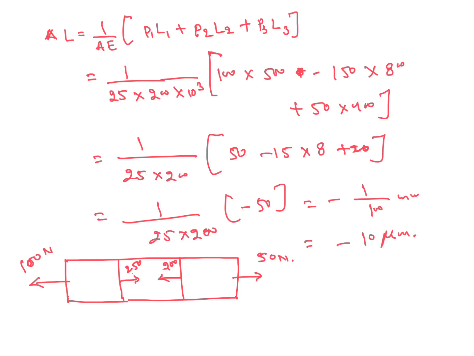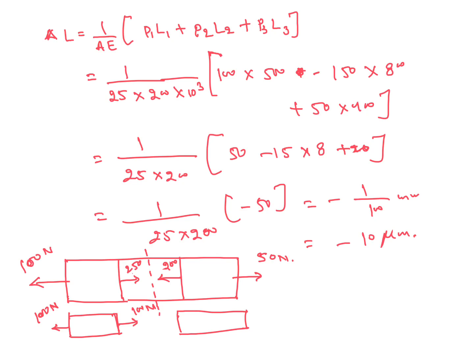If you take individually, how did you get P1, P2? From here we will get P1, P2. First figure, 100 Newton P1, 100 Newton. Second one, compressive, how much?